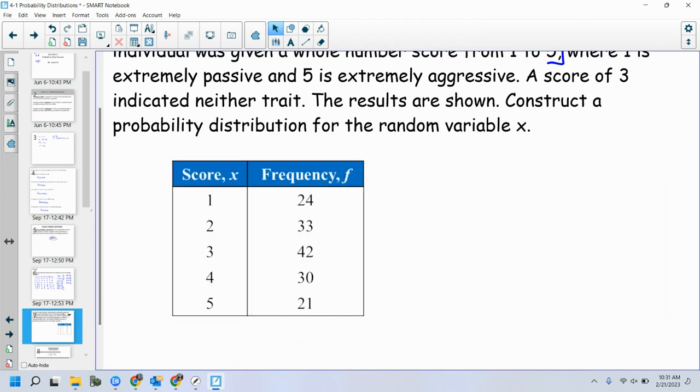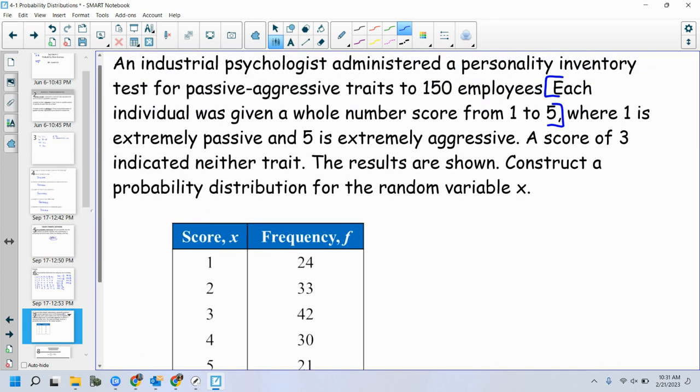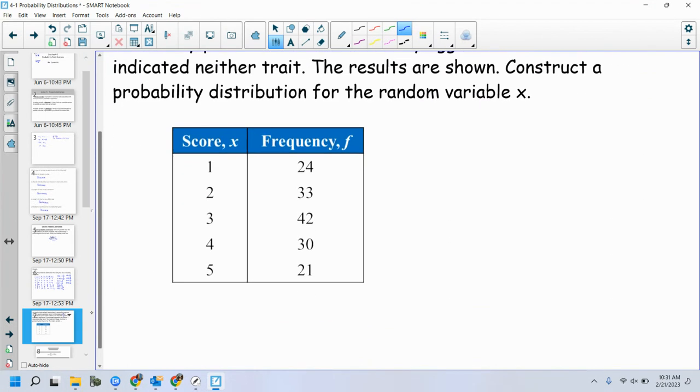All right, so basically what I want to do here is find the probability of these things occurring. Now, what is the probability for a frequency table? Well, you've got to find the relative frequency, basically, right? The relative frequency. So how many total people did I study? 150.